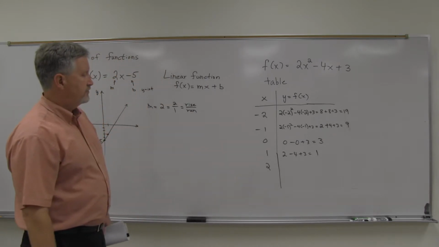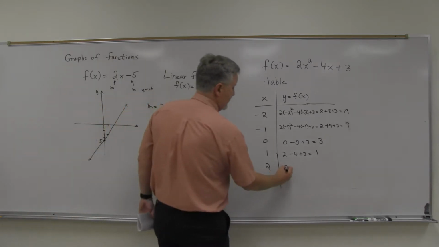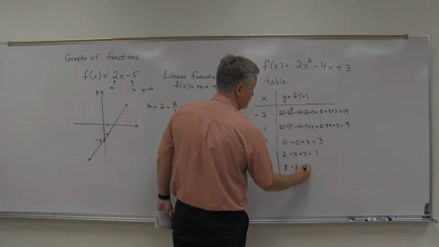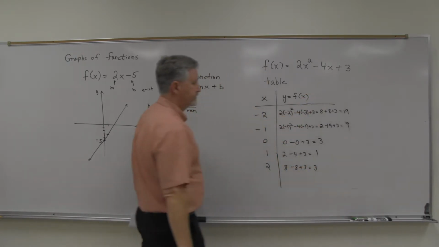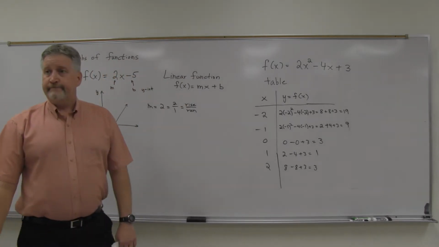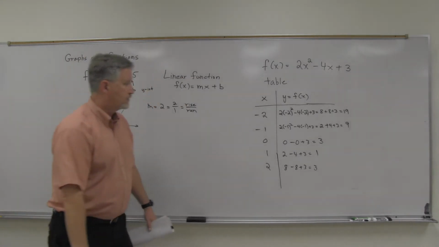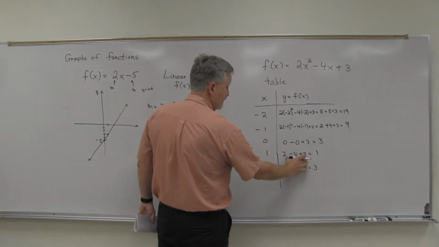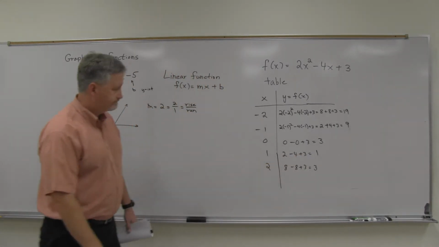Then we have 2: 2 times 4 is 8, minus 4 times 2 is -8, plus 3, so we're back at 3. Is the 1 correct? Yeah, that's 5, and then you get -4. I think it's correct.